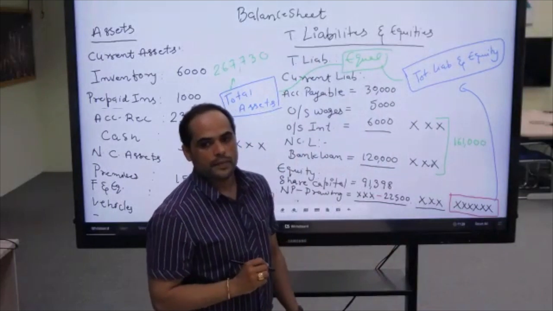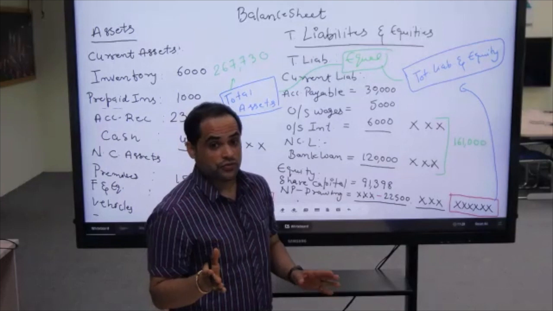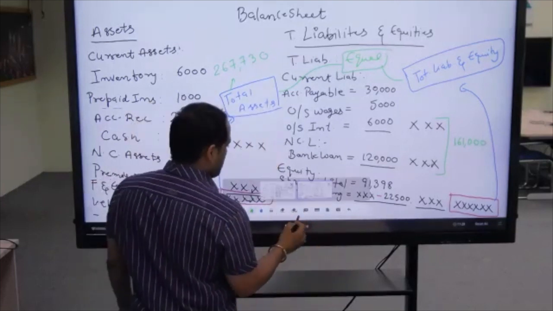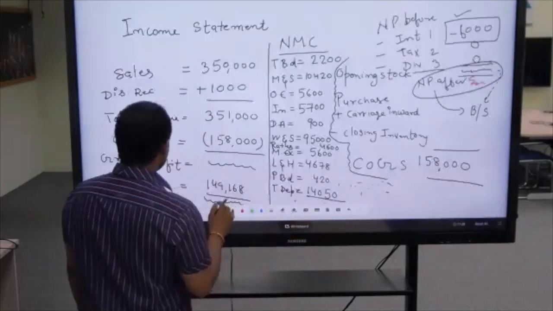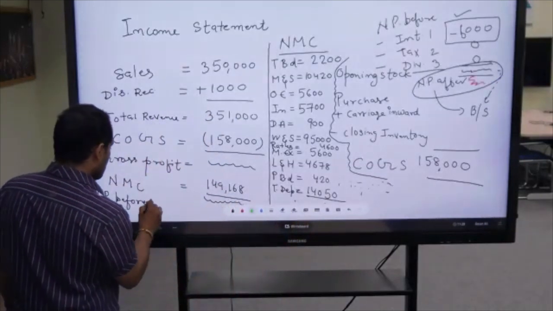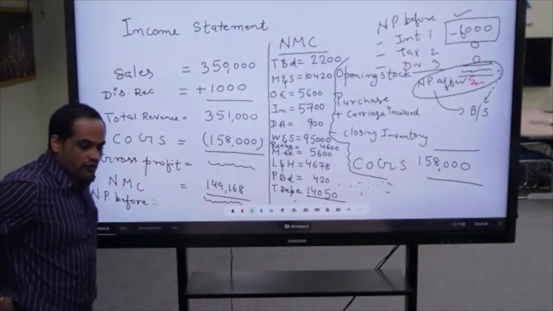All right. And net profit. Now you have to find out your net profit. Tell me your net profit. How much is your net profit before? What is your net profit before?